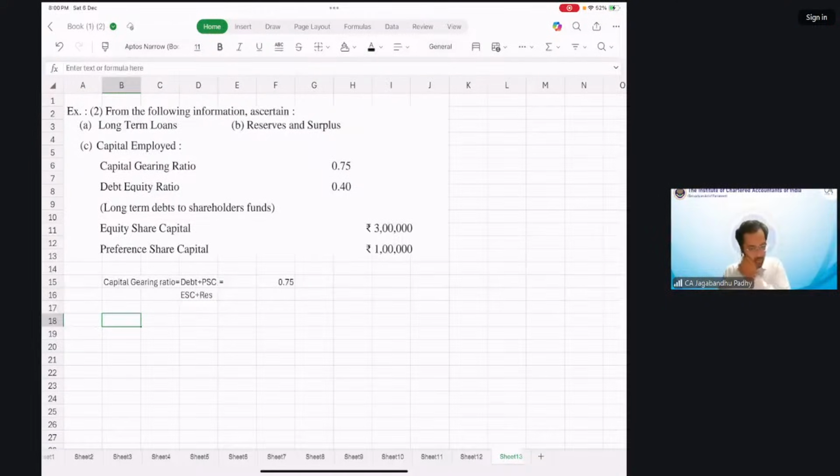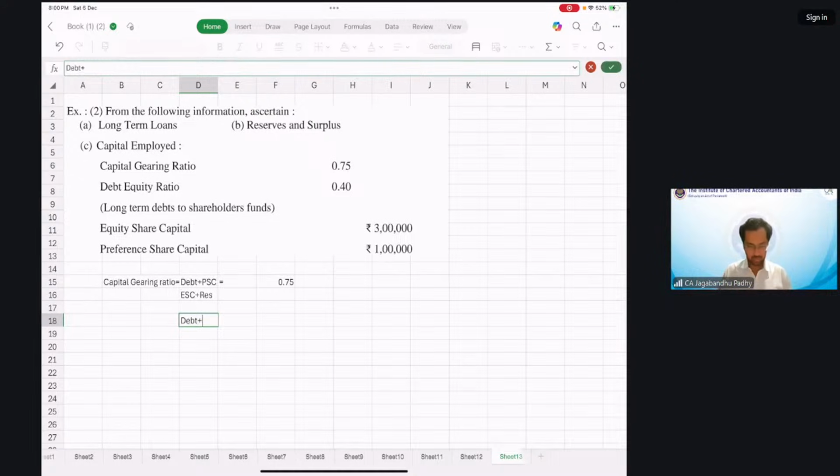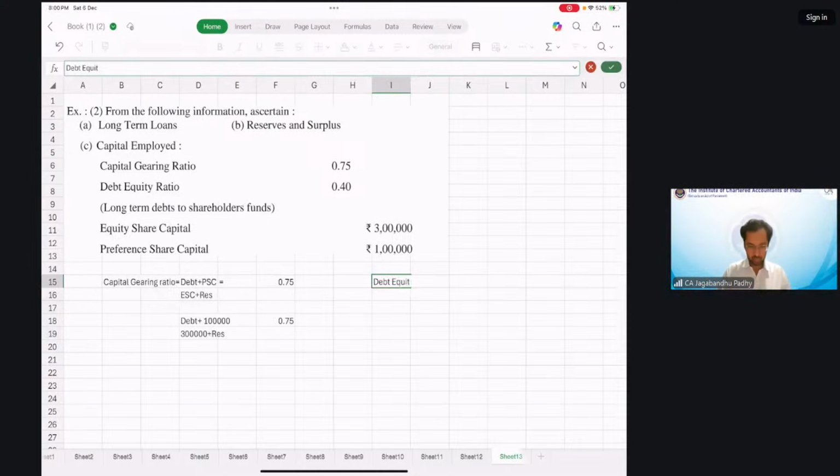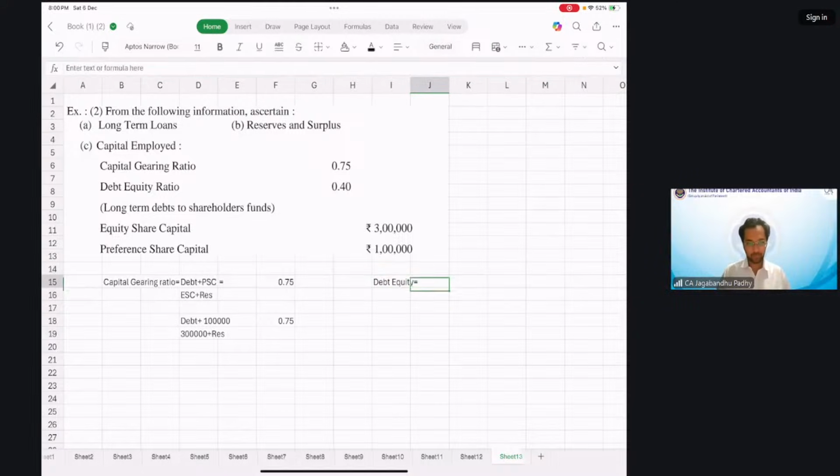Now from here, we know the share capital amount and we know the preference share capital. So we know the debt plus preference share capital of 1 lakh upon equity share capital, which is 3 lakh plus reserves, and this is 0.75. This is one part. And the other ratio that we have is debt equity.